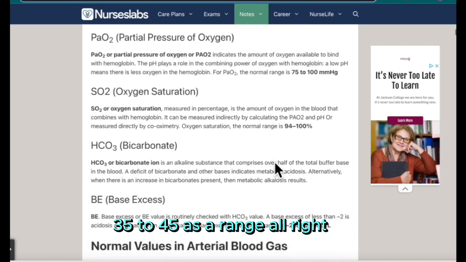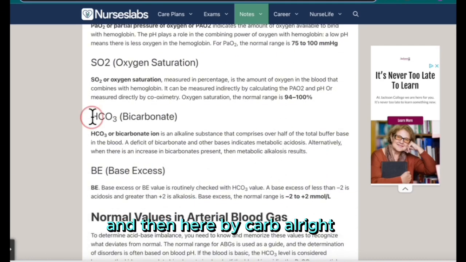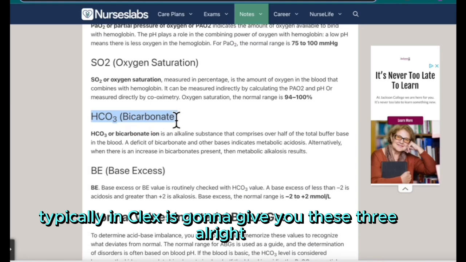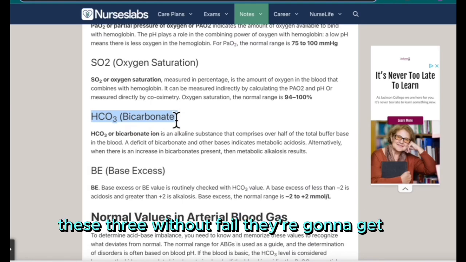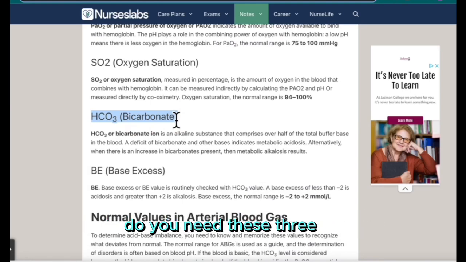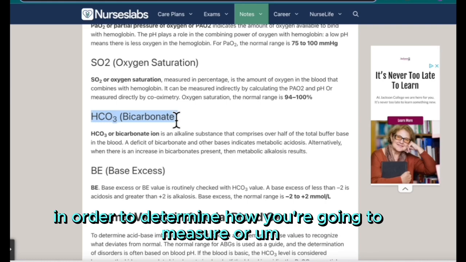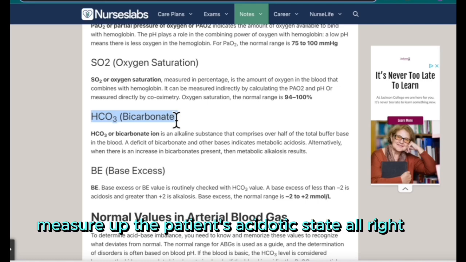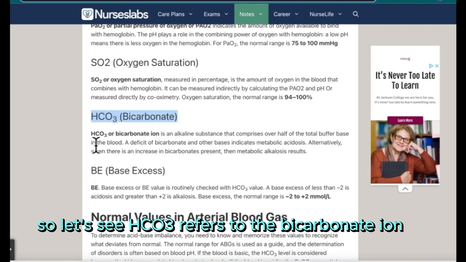And then here, bicarb. Typically NCLEX is going to give you these three without fail, and you need these three in order to determine the patient's acidotic state. HCO3 refers to the bicarbonate ion.